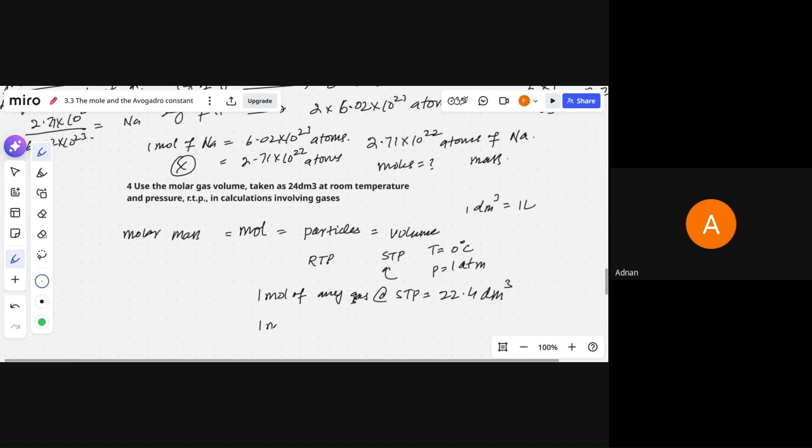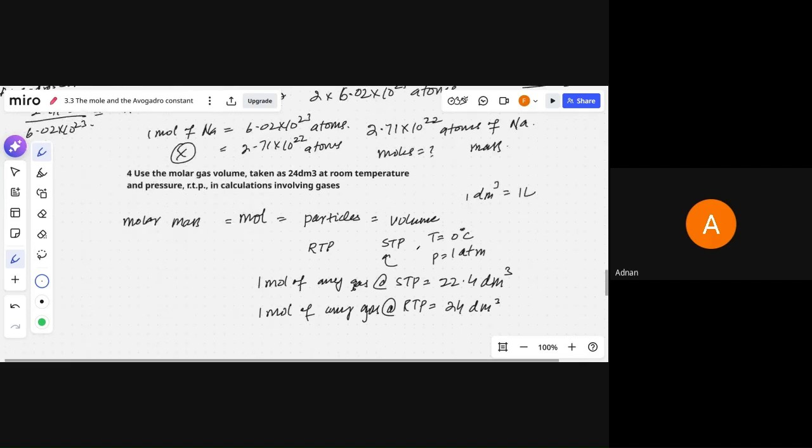So 1 mole of any gas kept at room temperature and pressure will occupy 24 dm cube, or 24 liters of volume. You can see that since temperature is increasing from 0 to room temperature, volume is also increasing. So we have a direct proportionality, a linear relationship between temperature and volume. Remember that. We will be practicing questions based on this at the end of the lesson, but at this point, this is what you need to know.